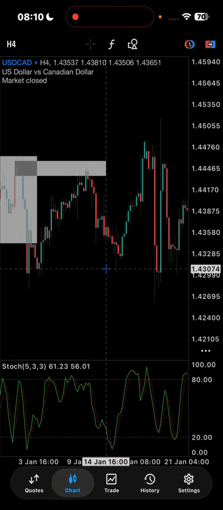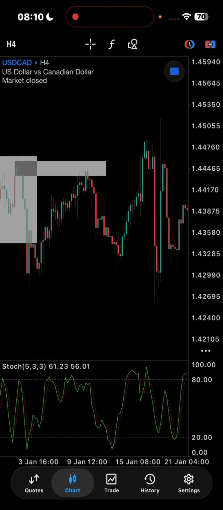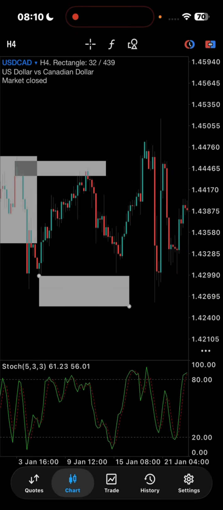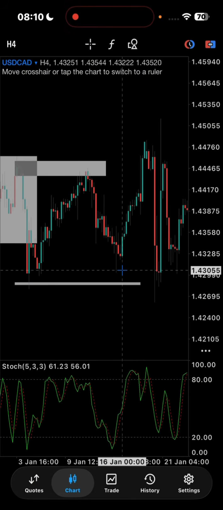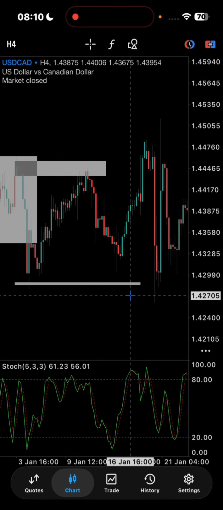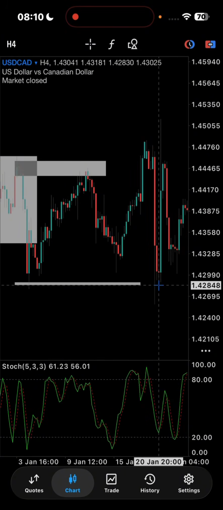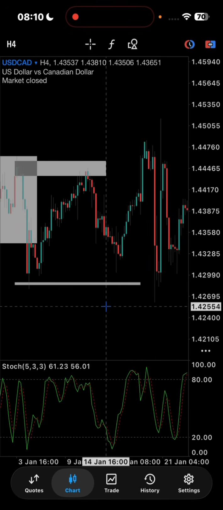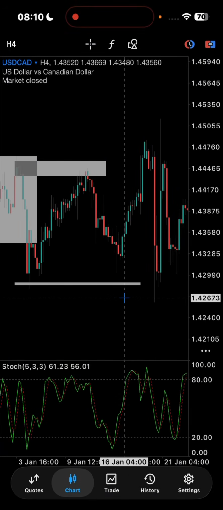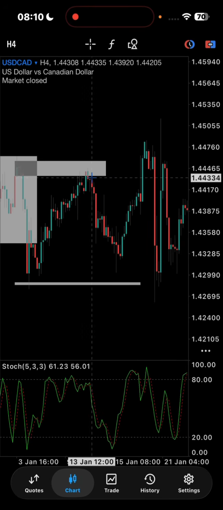As the market dropped, we have this low, which is protected, and we wanted to see this low broken before we know how to place our sell limit. But look, the market never came to the low. We want this low to be broken, not even the week closing down just like this one. We want it to break below this, and then after it breaks below, we'll look for a sell around here.